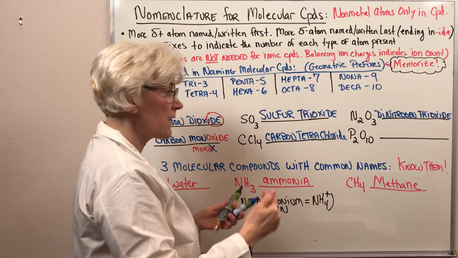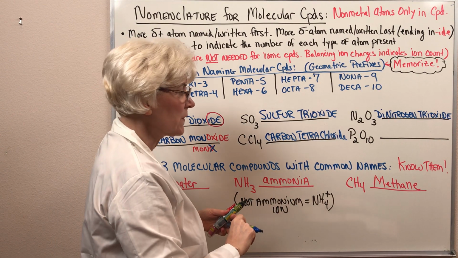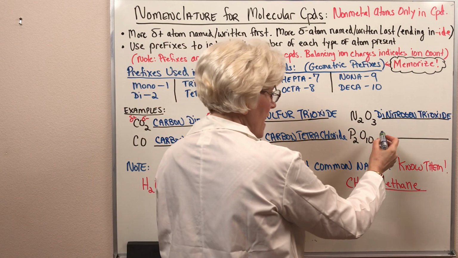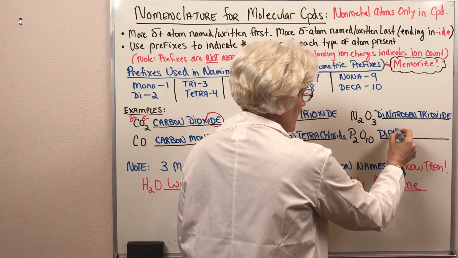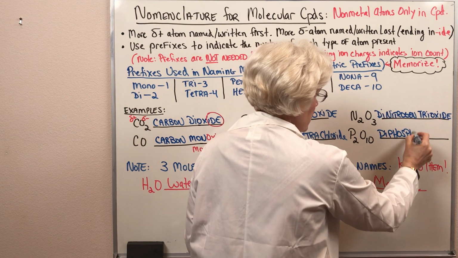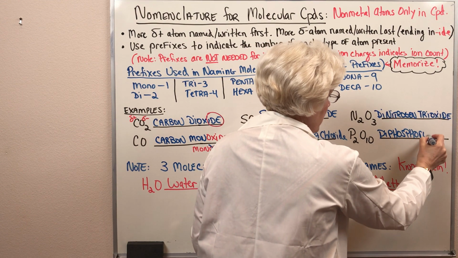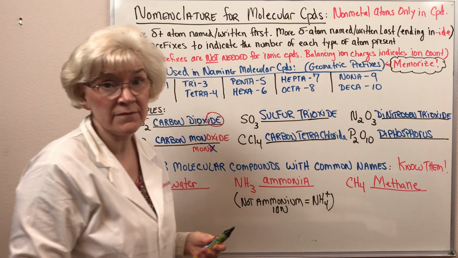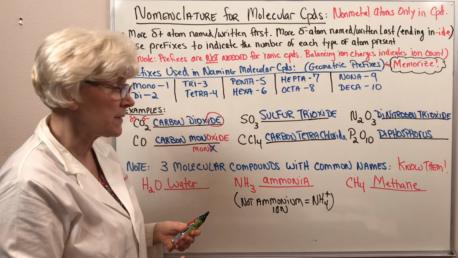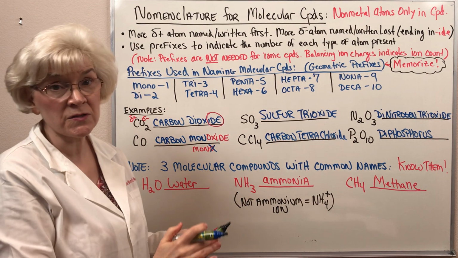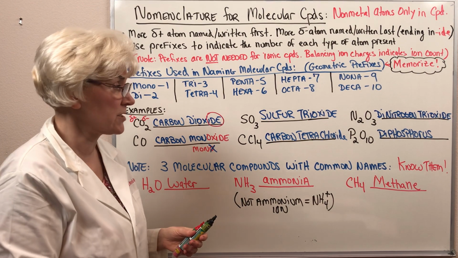And then our very last example, P2O10, right? So 2 phosphorus, diphosphorus. Careful with that spelling of the element phosphorus. It is a commonly misspelled element, and spelling counts only here with nomenclature.